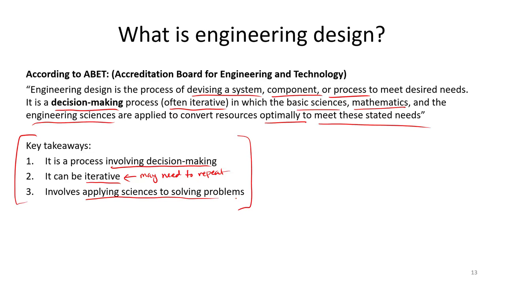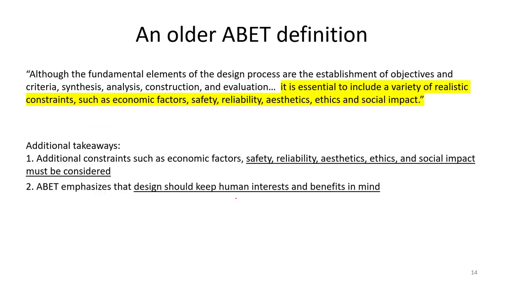It's also interesting to look at an older definition from ABET. ABET also used to have the following in their definition. They stated, although the fundamental elements of the design process are the establishment of objectives and criteria, synthesis, analysis, construction, and evaluation, notice what they say here.